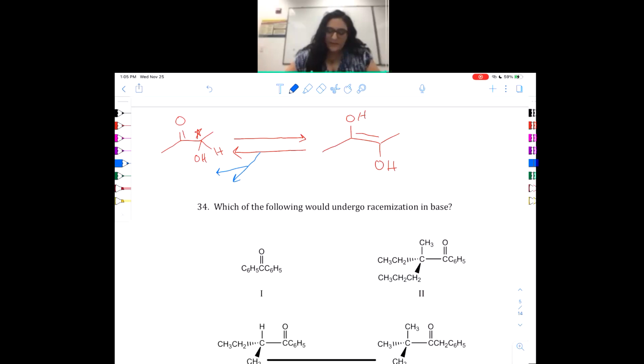And the reason for this is we could either add from the top face or from the bottom face, which just means it could either add wedged or it could add dashed.